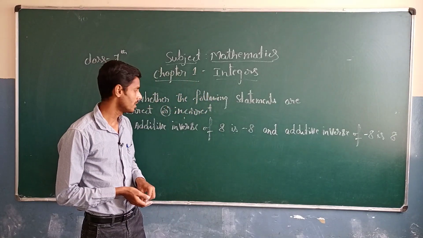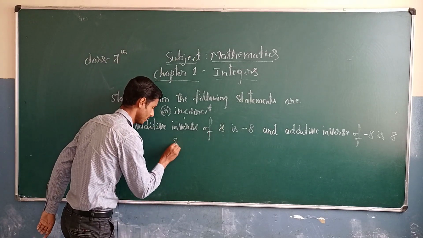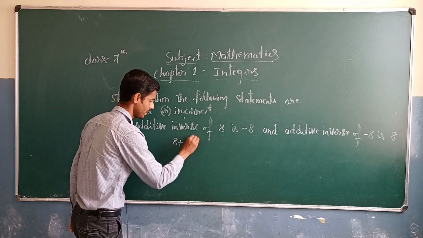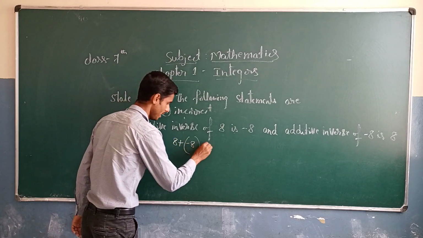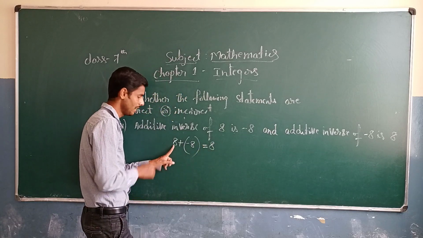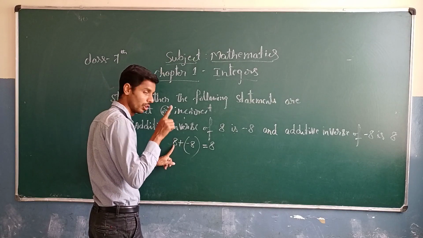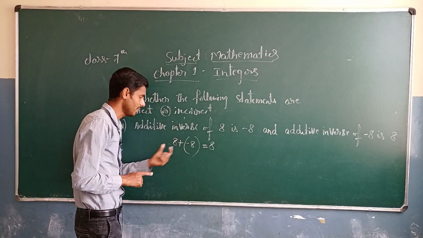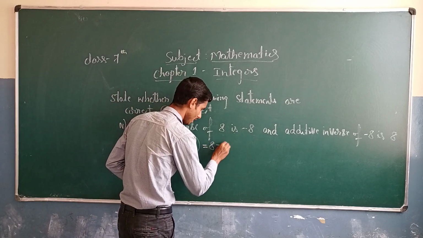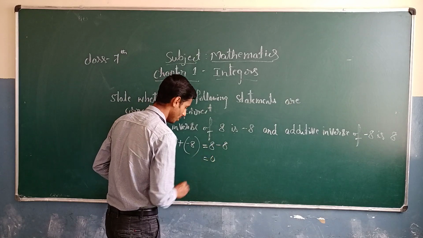Let's see. 8 plus of minus 8 is equal to 8 minus 8, which is 0.